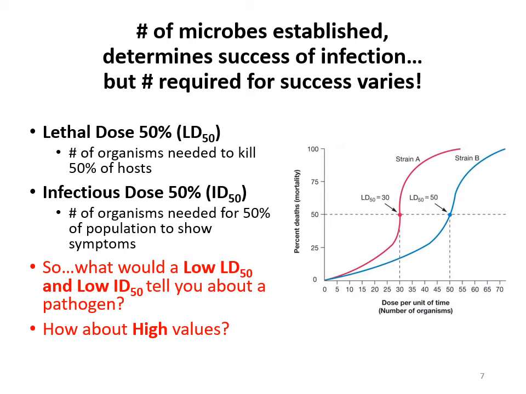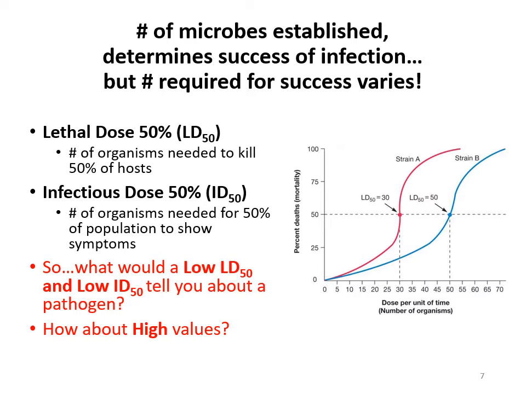Well, if it's a low LD50 and low ID50, that means it only takes a couple of this bacteria, picture one or two of this bacteria, and boom, half the people die. Or one or two of this bacteria and boom, right away 50% are showing major symptoms, brain dysfunction and severe illness. Well, if it only takes a low number of them to make people so sick, that tells you that each individual one must be really, really strong, right?